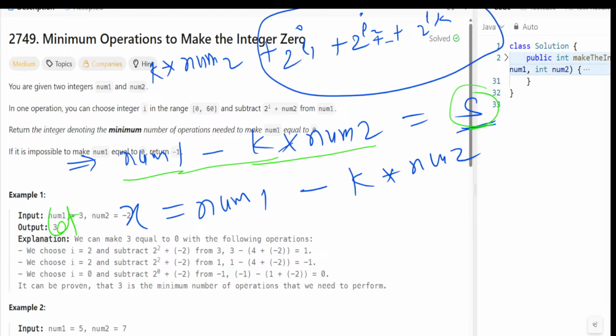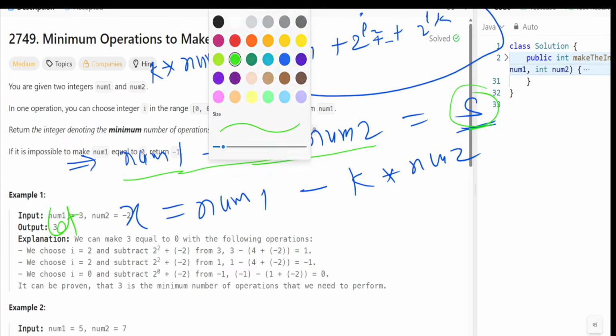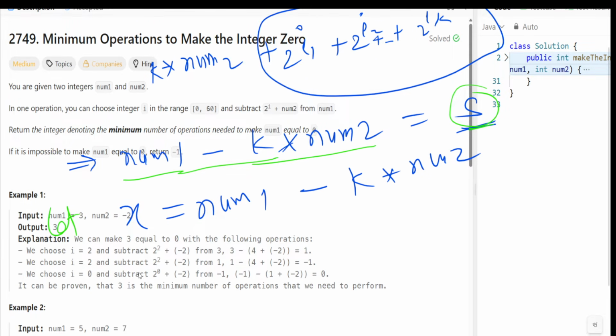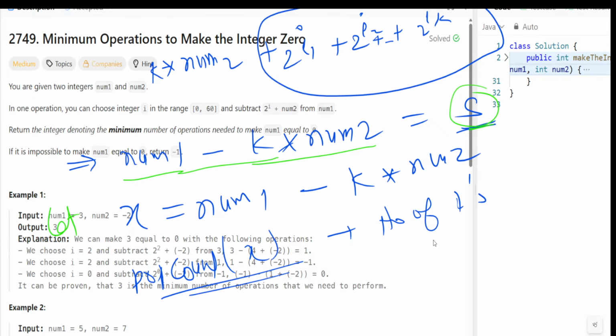Now we will take the pop count. The pop count of x is the number of 1s in the binary representation. The pop count is the minimum number of powers of 2 which is required to form x.